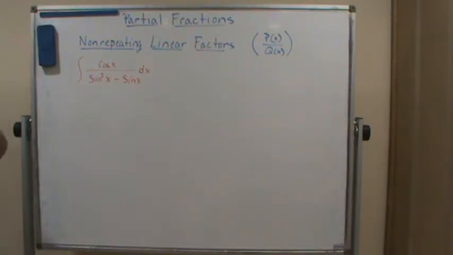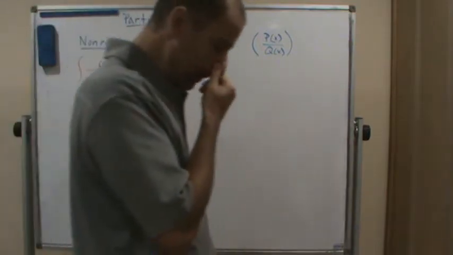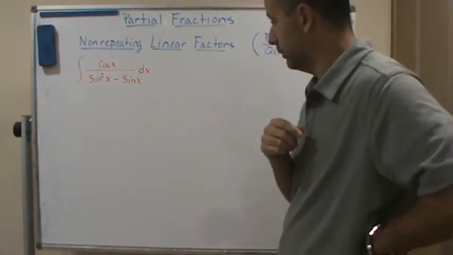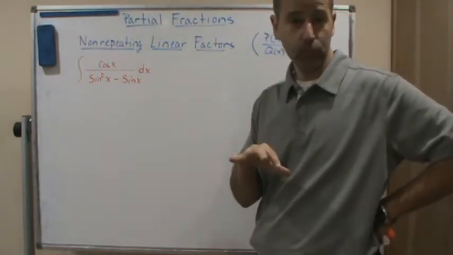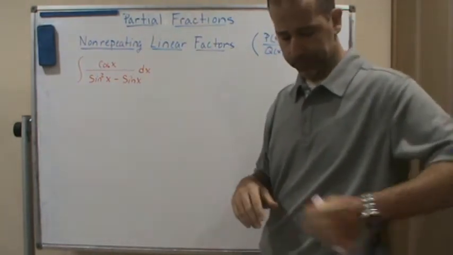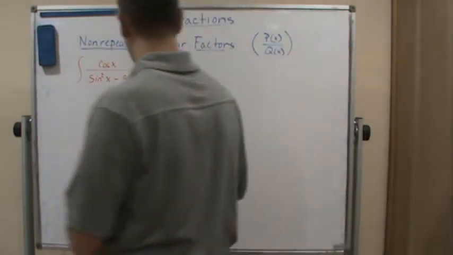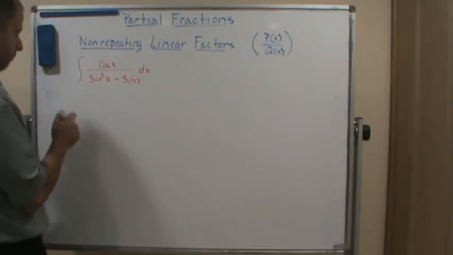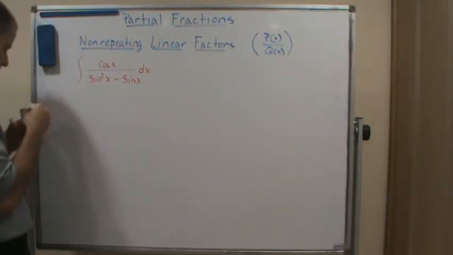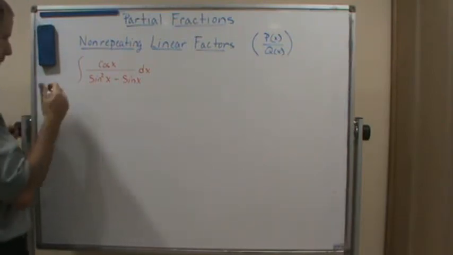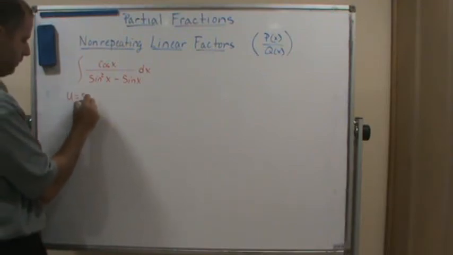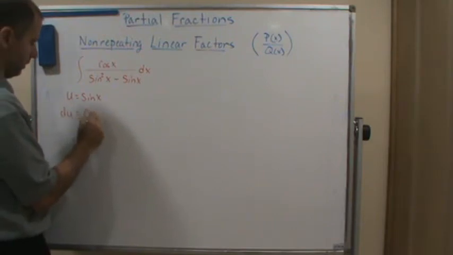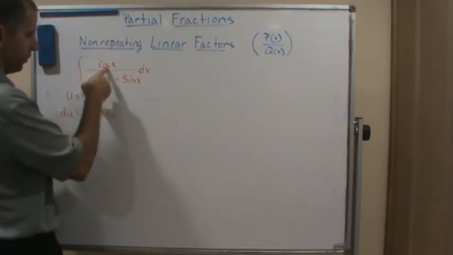So in this case here, we're going to use a u substitution. We're going to make it look like a rational expression by letting u equal sine x. And then du equals cosine x dx, which works out.